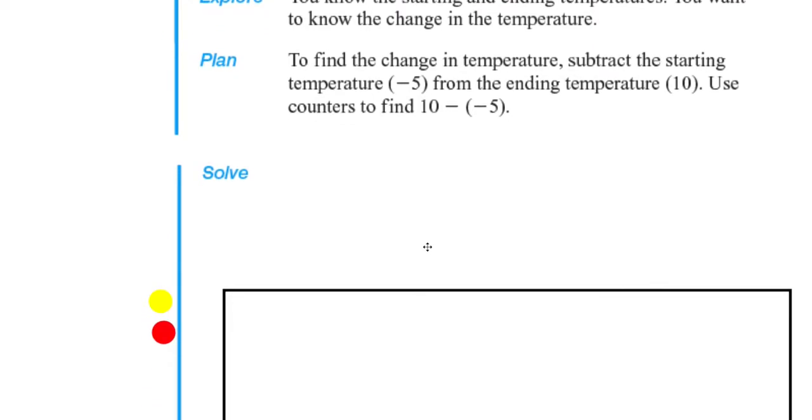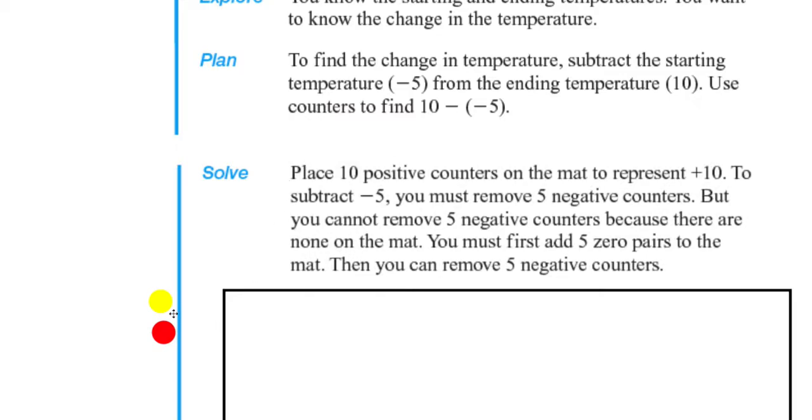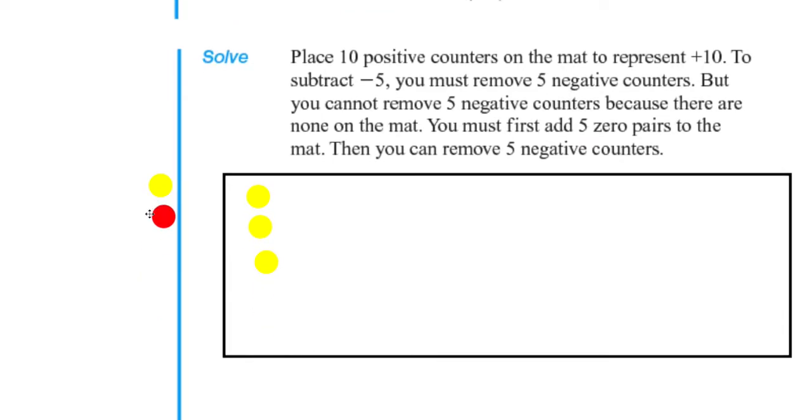So we start off with 10 positive counters. So 1, 2, 3, 4, 5, 6, 7, 8, 9, 10. So we start off with 10 positive counters representing positive 10.